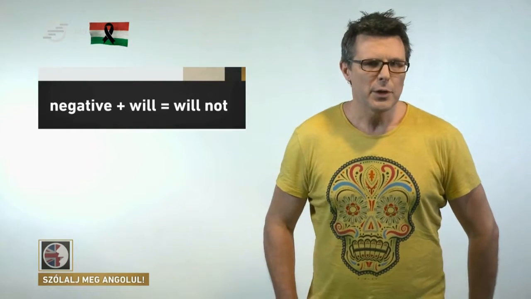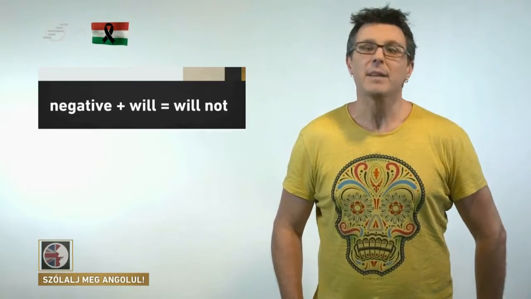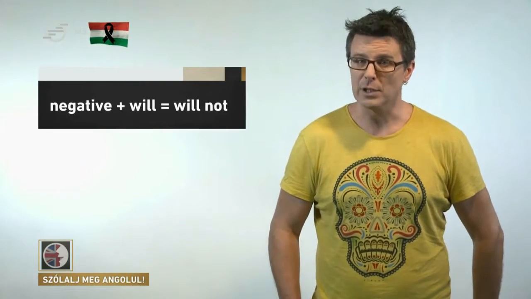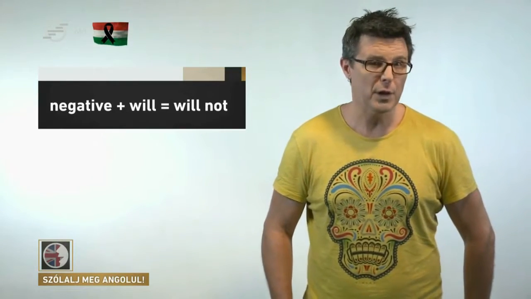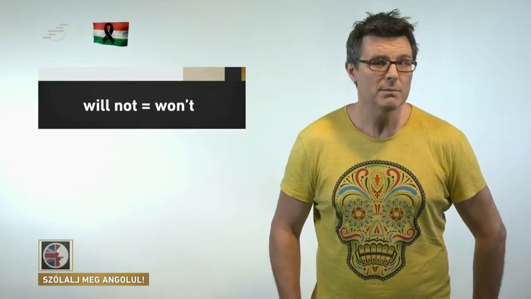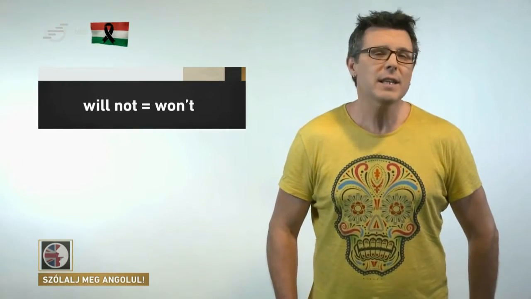Now, we also use the word not to make the negative of will. Will not is the full version, but we all prefer to use the short version, don't we? And what's the short version of will not? Won't. Great. And once again, nothing changes when we use won't.